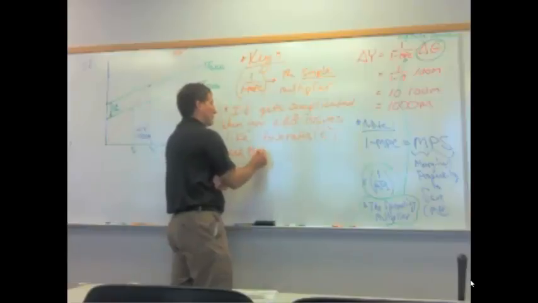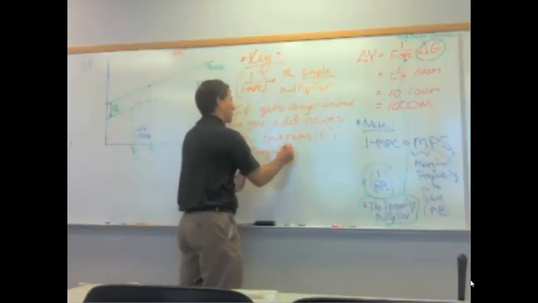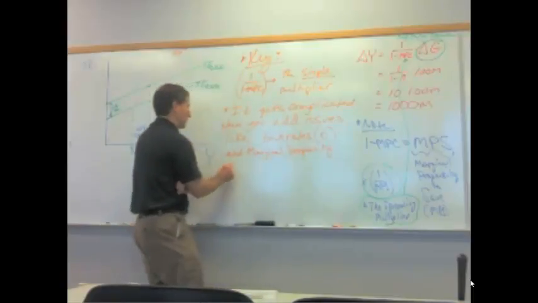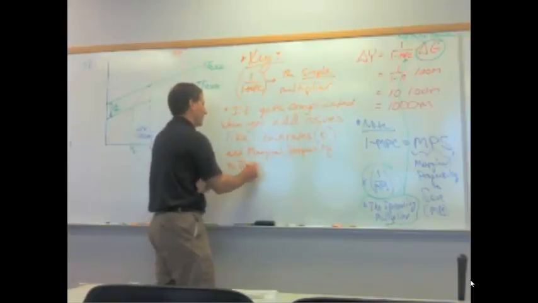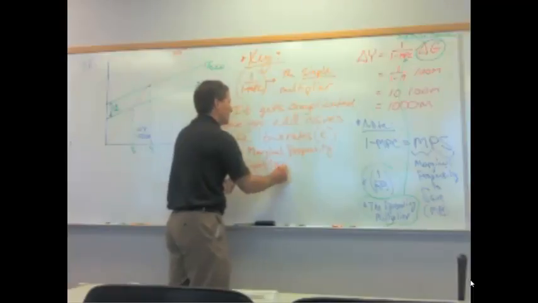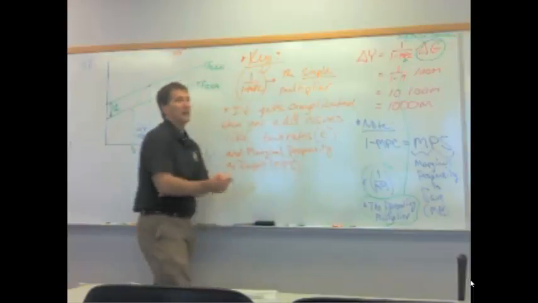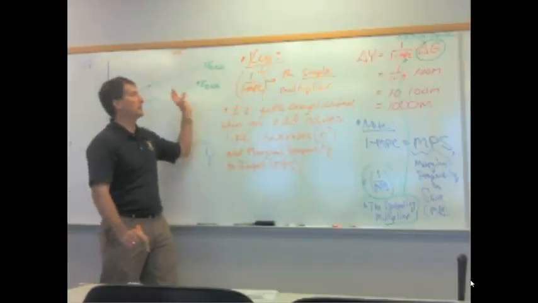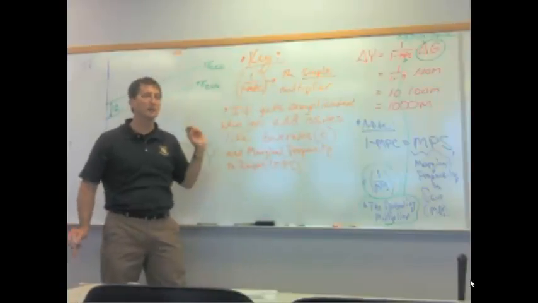So the marginal propensity to import, the MPI. So we start bringing in imports and tax rates, and this thing gets a lot uglier. We'll pick up there next time.